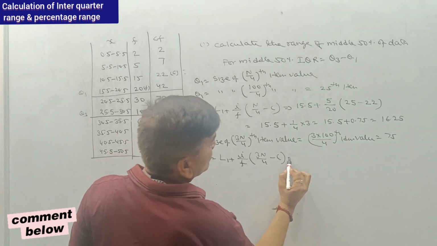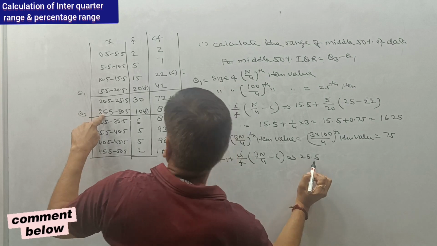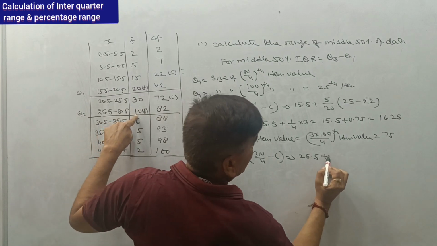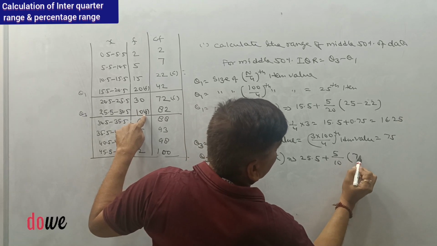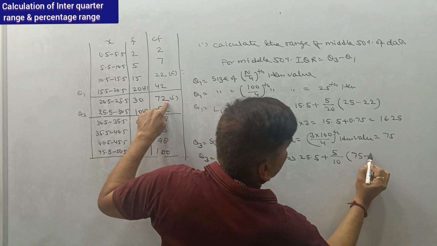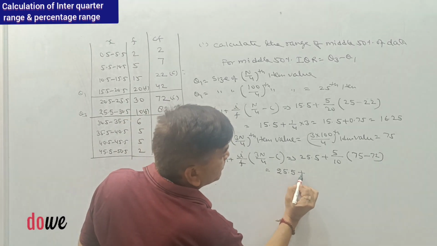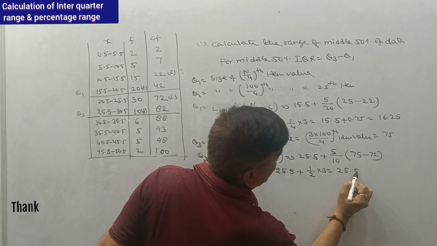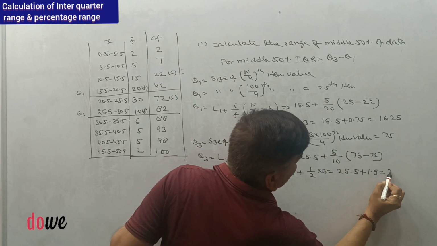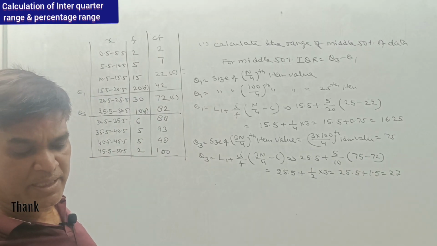So we have 25.5 plus I equal to 5, F equal to 10, and 75 minus the cumulative frequency 72. So the value is 25.5 plus 1 by 2 multiplied by 3. So 25.5 plus 1.5, that is 27. So the value of Q3 is 27.